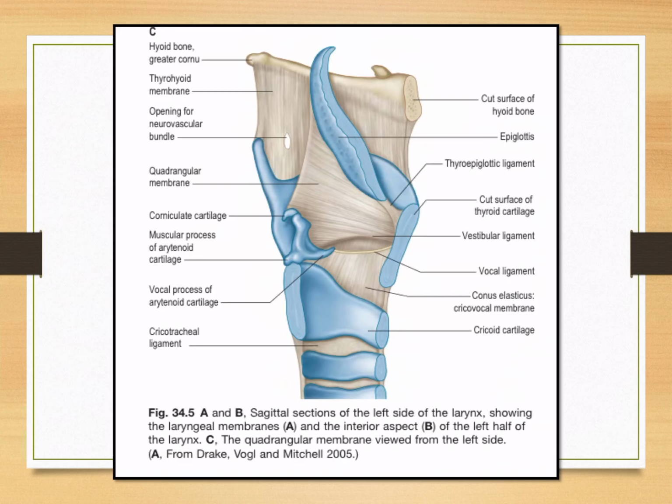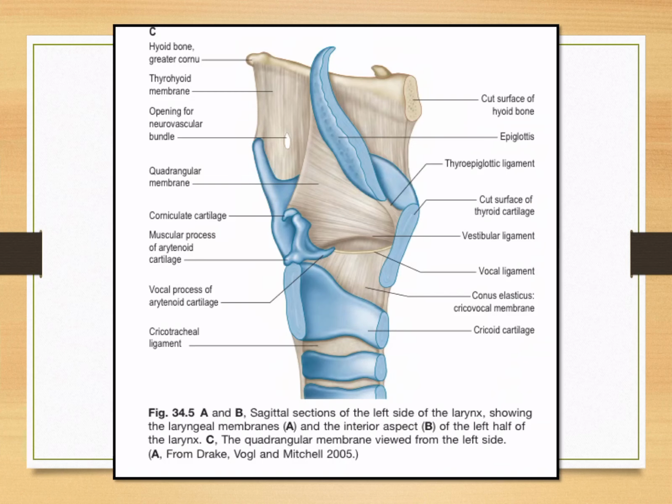Then you can see a membrane that is extending with an upper free margin that is attached above to the lateral aspect of the epiglottis and below to the arytenoid and the corniculate cartilage. This upper free margin is of the quadrangular membrane, and if you trace the quadrangular membrane downwards, you can see a lower free margin that is forming the upper margin of a slit-like opening, right?